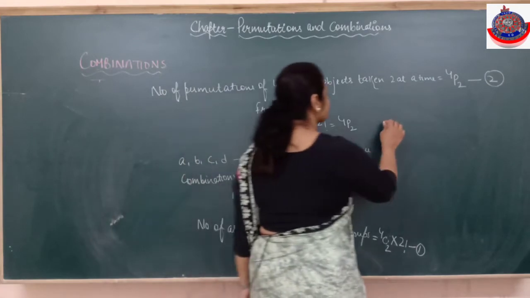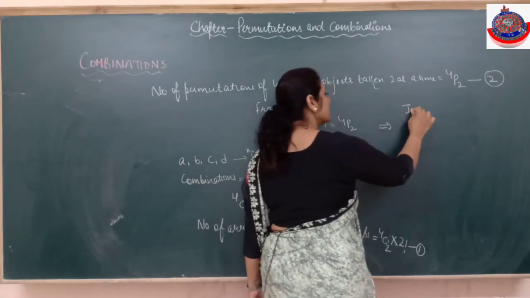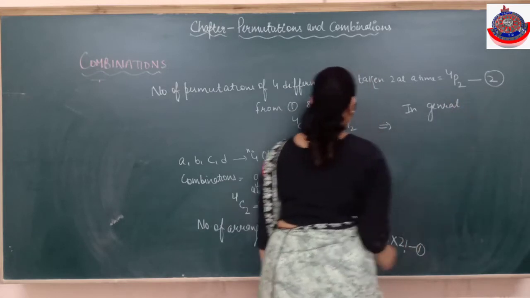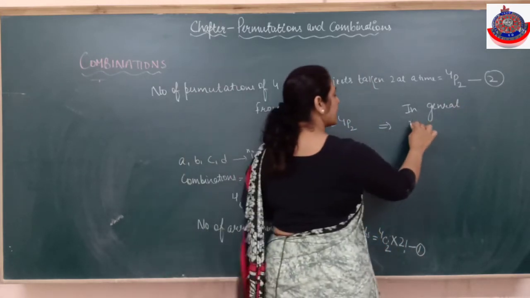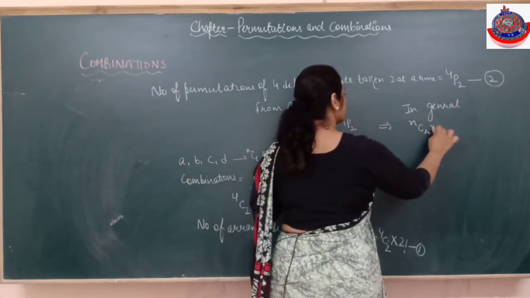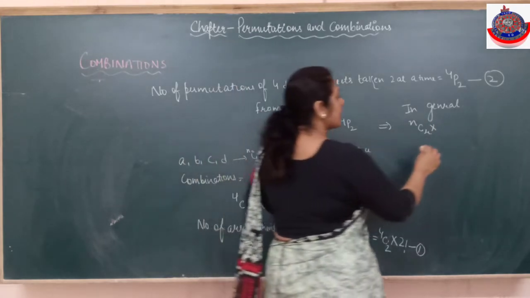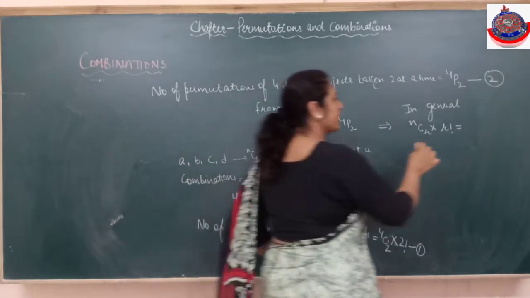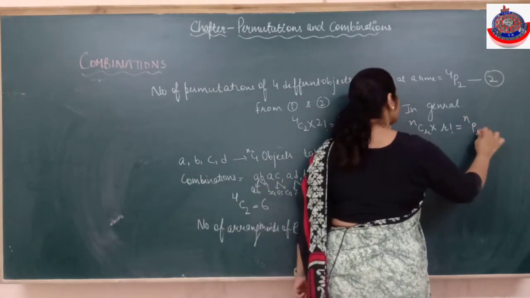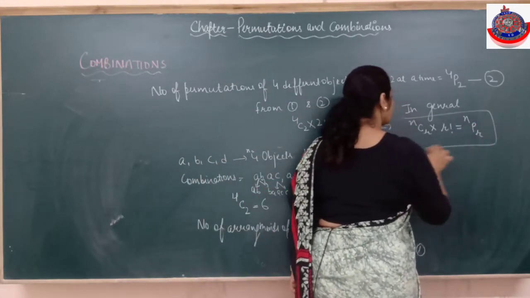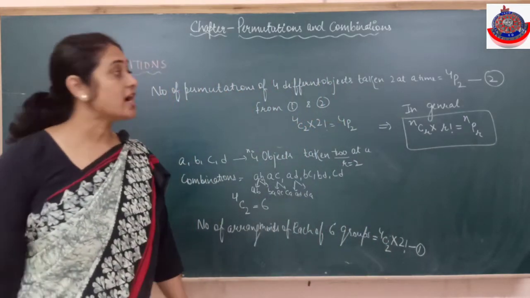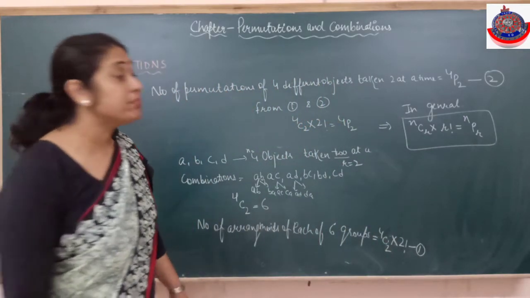That means if I write in general, what is this? nCr. What is this? r factorial. What is this? nPr. This is the relation between permutation and combination. nCr into r factorial is equal to nPr.